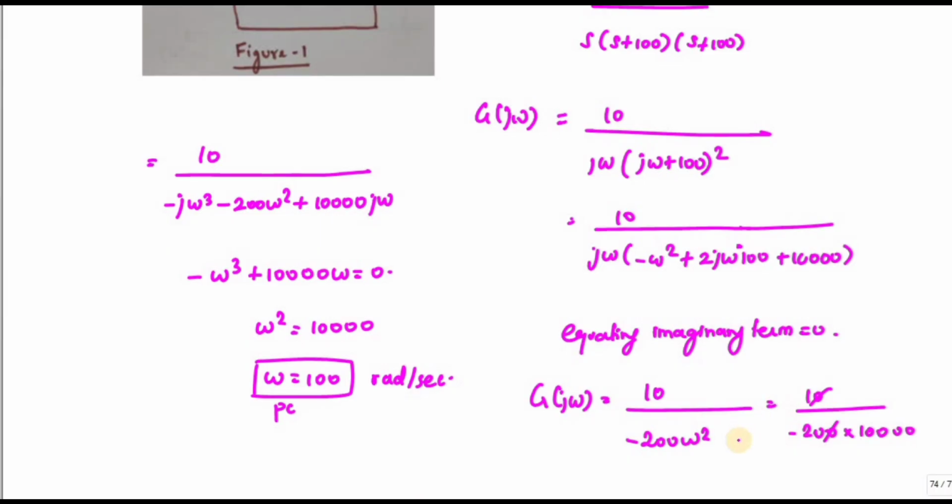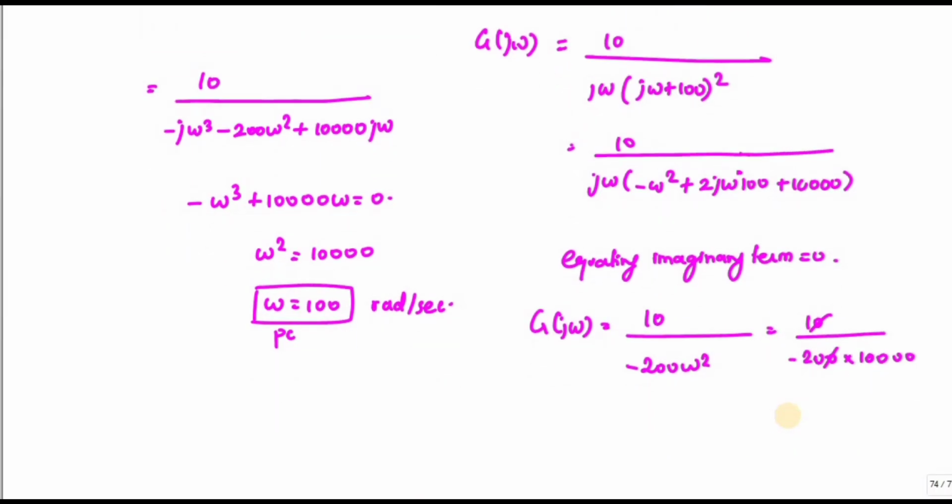So if I substitute the omega pc value, I will get the value of g of j omega, that is nothing but 1 divided by minus of 2 lakh.